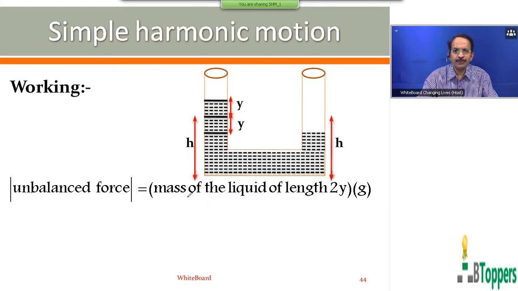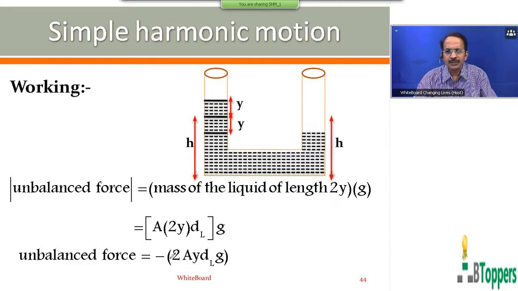Then the magnitude of unbalanced force on the liquid is equal to mass of liquid of length 2y multiplied by acceleration due to gravity. For the mass of the liquid column of length 2y, volume of the liquid times density of liquid, where dl is the density of liquid. Volume of the liquid column of length 2y is equal to A into 2y, as explained before. So unbalanced force you can write as minus 2A y dl g.